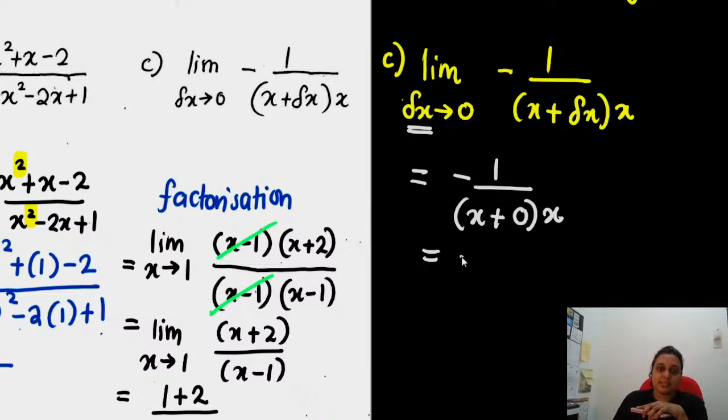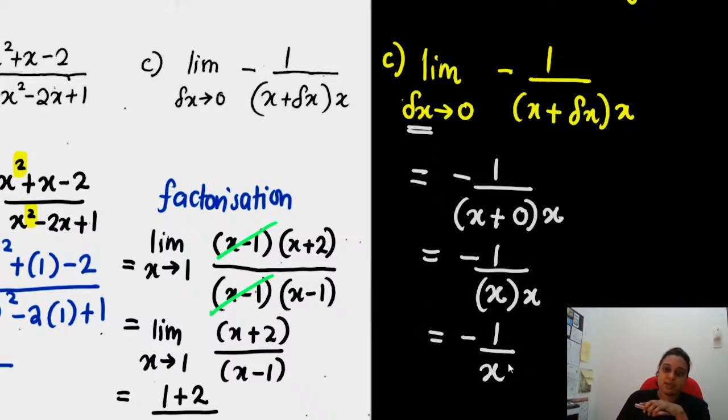What is x plus 0? x, isn't it? So x times x, you will get negative 1 over x squared. Here you don't get a value; your limit answer will be in this form, in x.